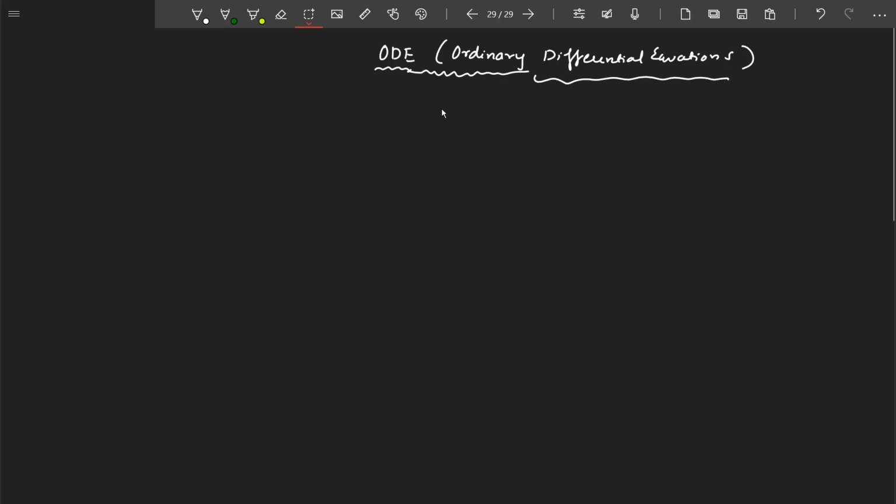Some famous differential equations that you actually encounter are, first, I hope you all know this equation. If you write it down like this, what is this equation? This is Newton's second law. So this is a differential equation.